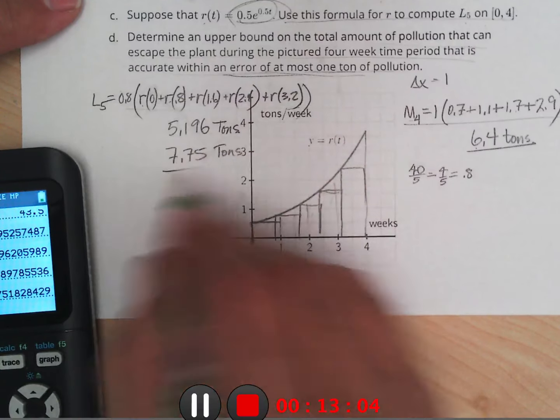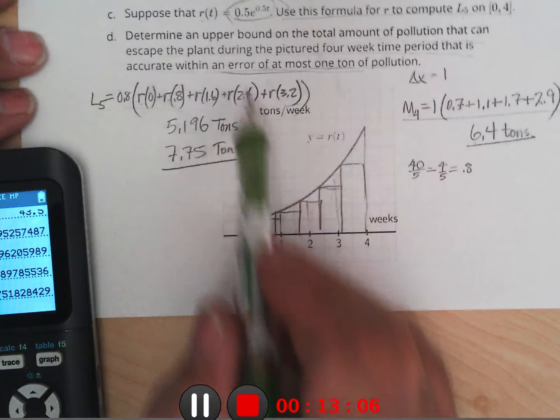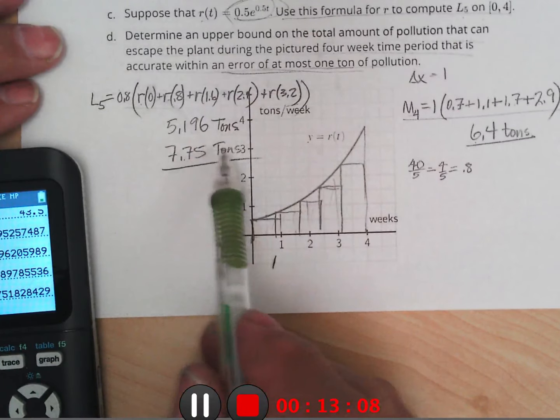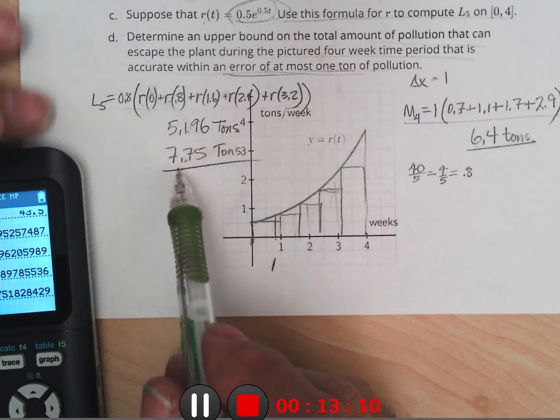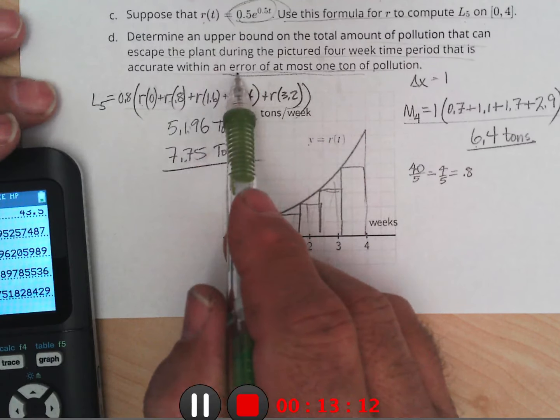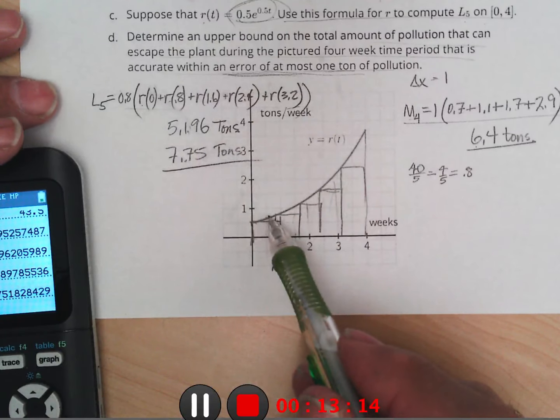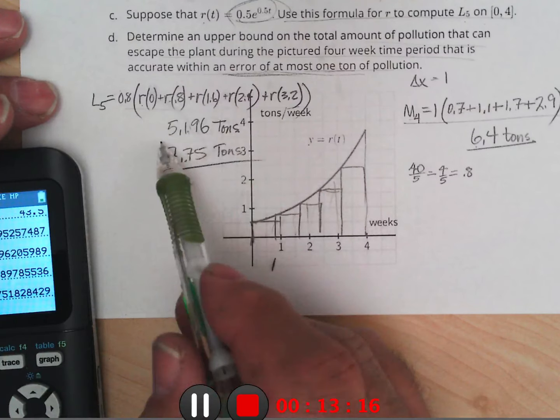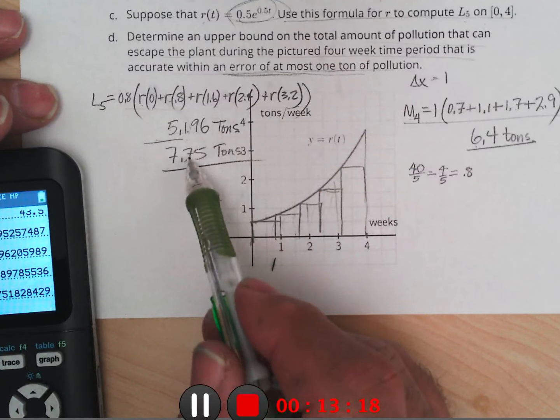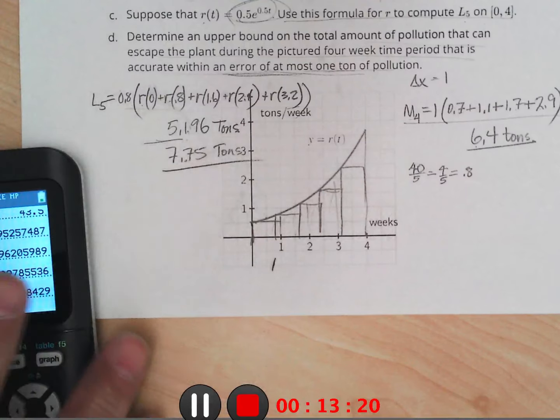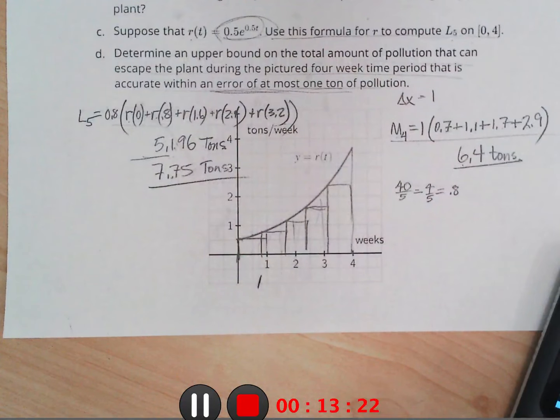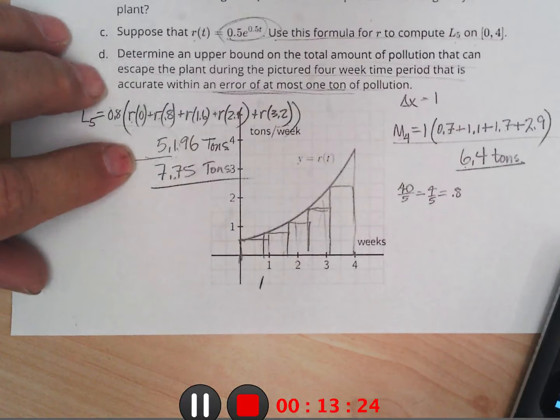Okay, so the most is going to be somewhere between here and the error. If I just go in the middle of this, that'll be close to the actual value.